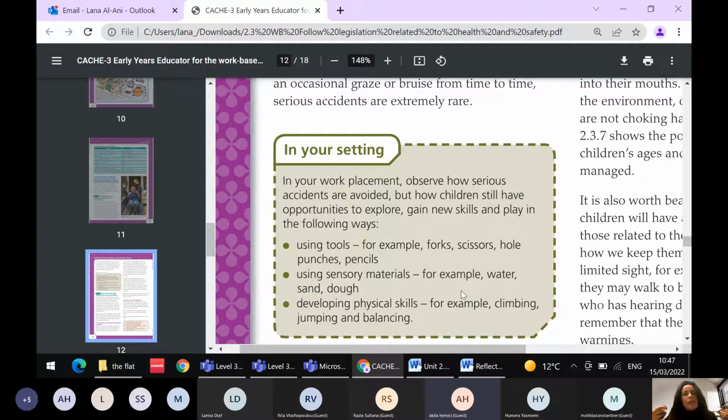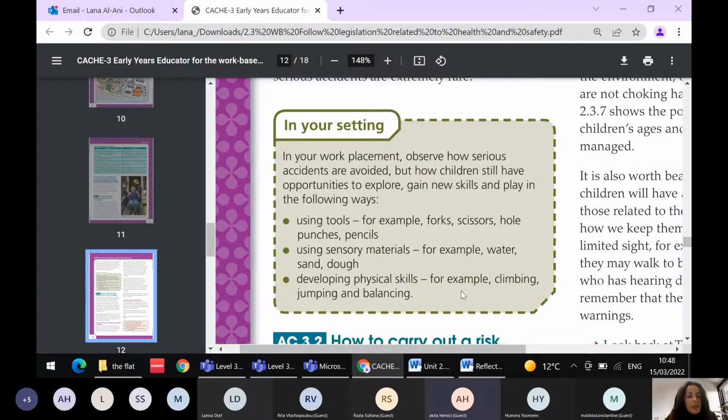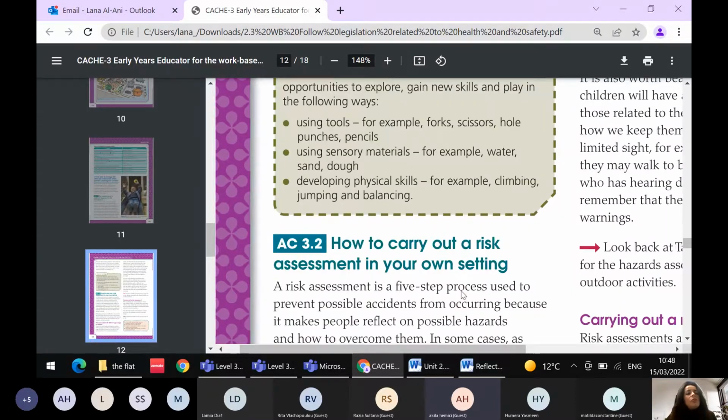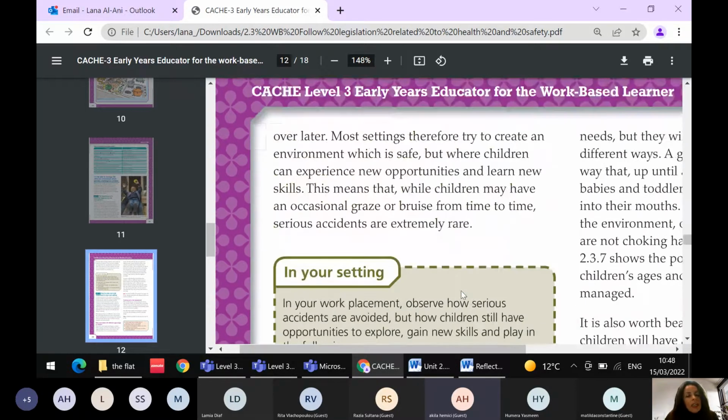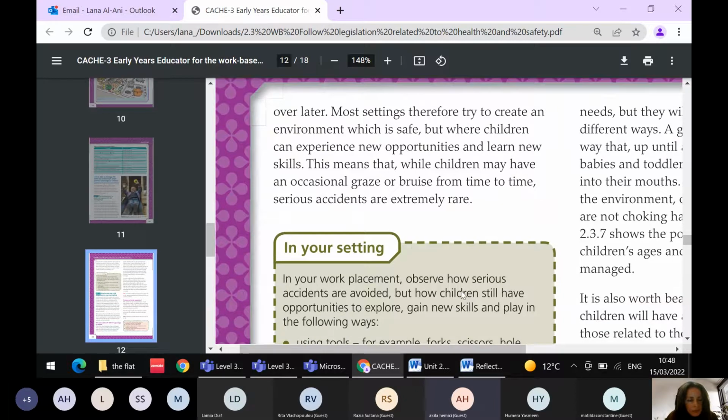They might have physical skills. They might like to climb on things. They might like to jump. All this might create risk for them. So for us, we need to minimize this risk to the minimum. That's by doing risk assessment.